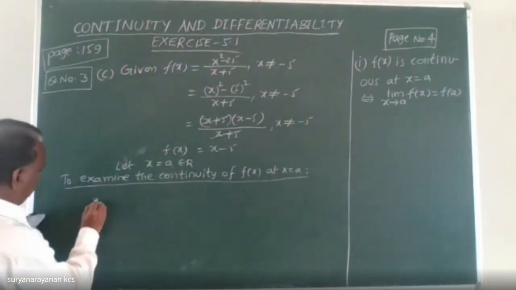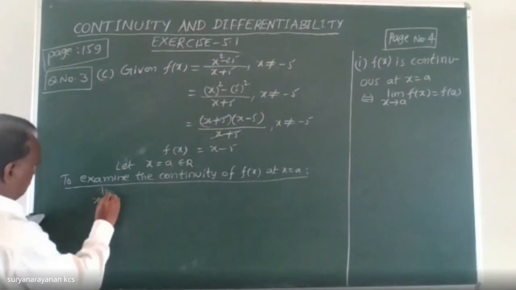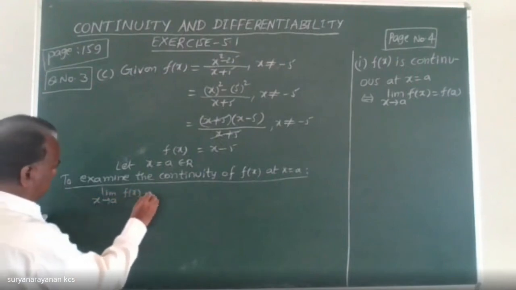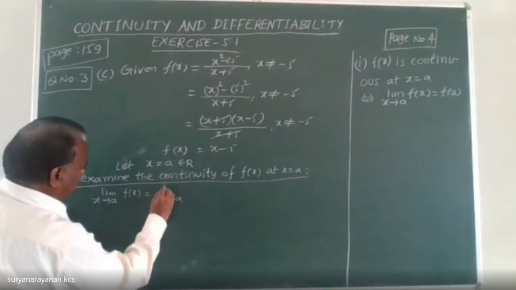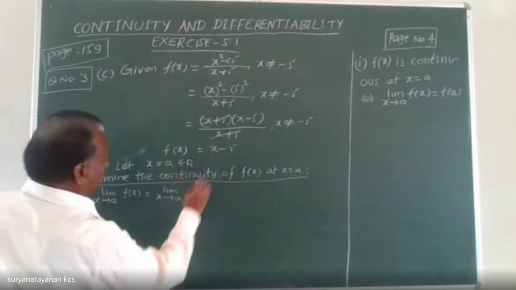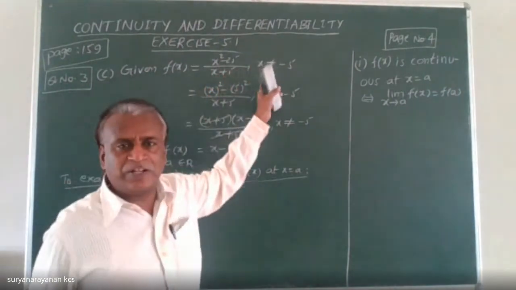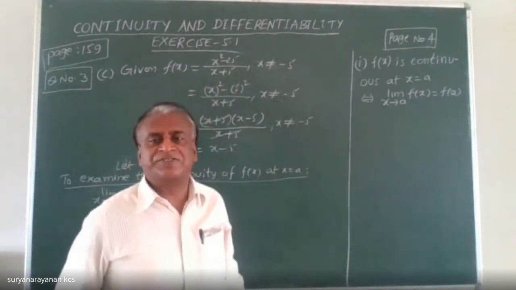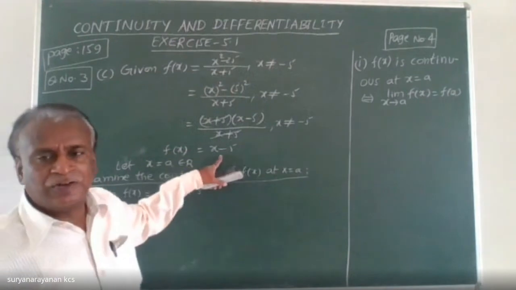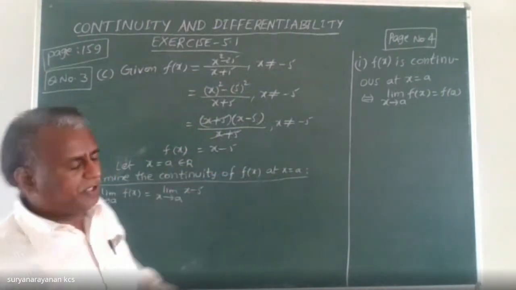As x tends to a, limit f of x means x minus 5. Don't take the function x square minus 25 by x plus 5. Don't take that function. You have to consider finally this function only.